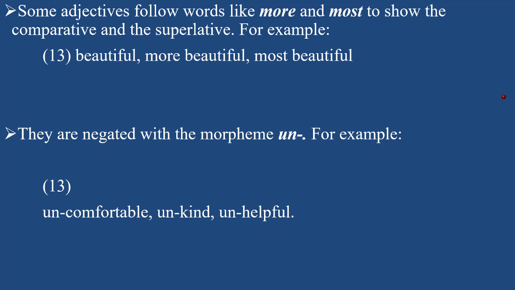They are also negated with the prefix un, for example, uncomfortable, unkind, unhelpful. So when a word starts with un, it is automatically an adjective, and this is based on its inflectional suffix or prefix in this case.